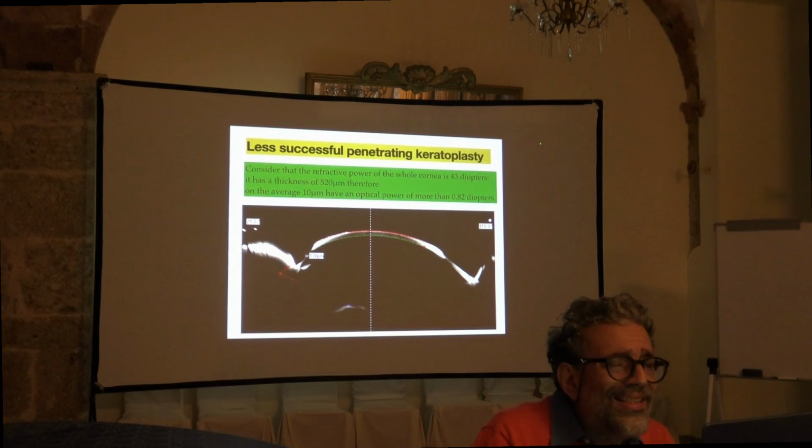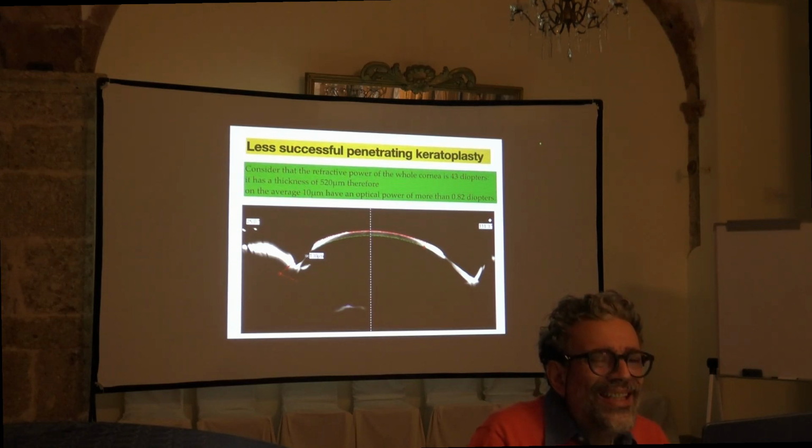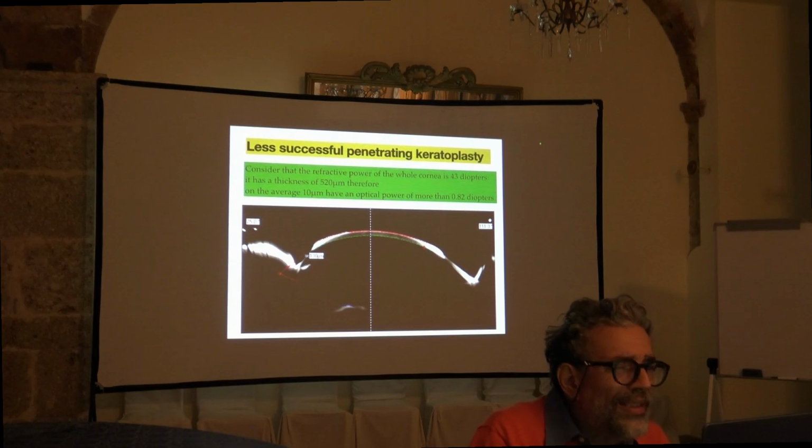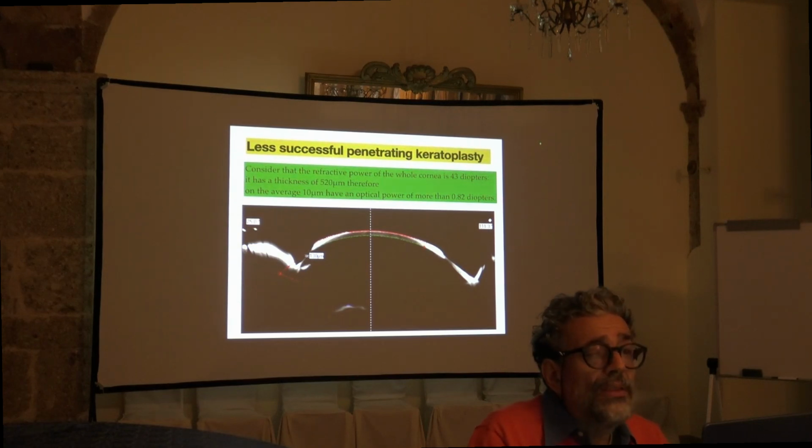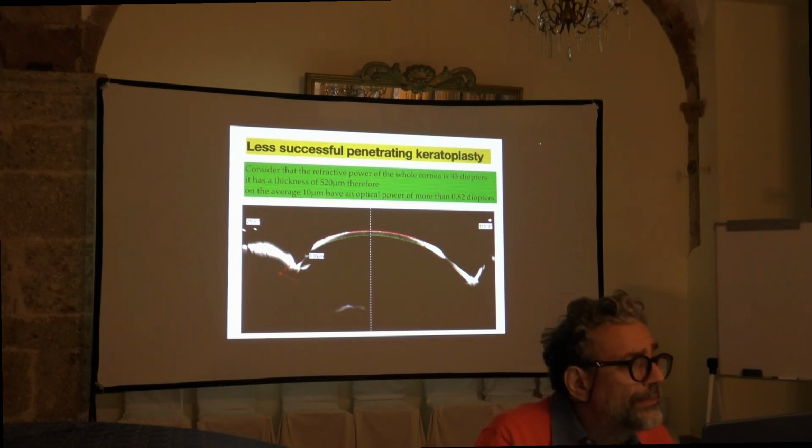The cornea has a refractive power of 43 diopters with a thickness of 520 micrometers. It means that 10 micrometers have an optical power of 0.82 diopters. There is no material which we know capable of doing that. Okay?